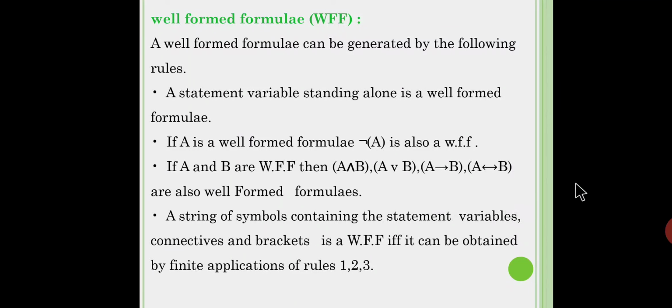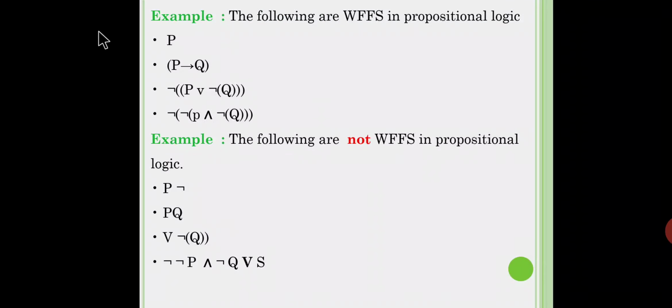So examples of well-formed formulas. The following are well-formed formulas in propositional logic. First one, P, a statement variable, is a well-formed formula.